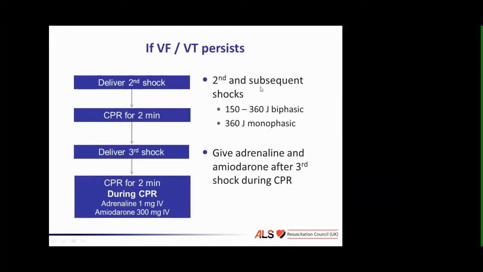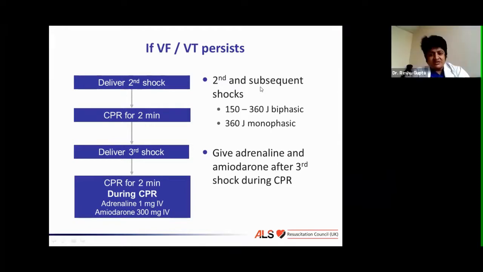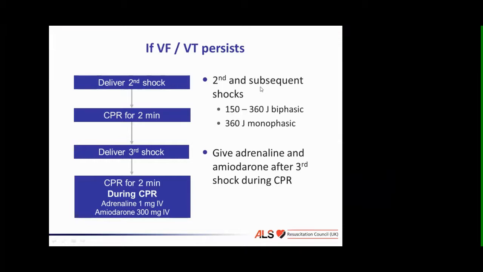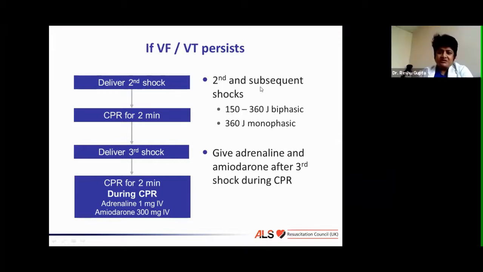According to the ALS guideline, the second and subsequent shocks have to be the same, at least the highest joules that we are giving. It may be up to 360 in monophasic and 200 in biphasic. After the third shock, if the VF or the VT still persists, then comes the role of amiodarone.